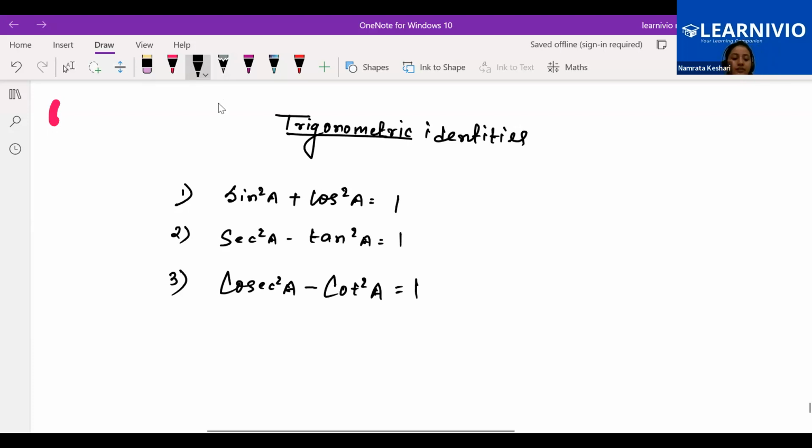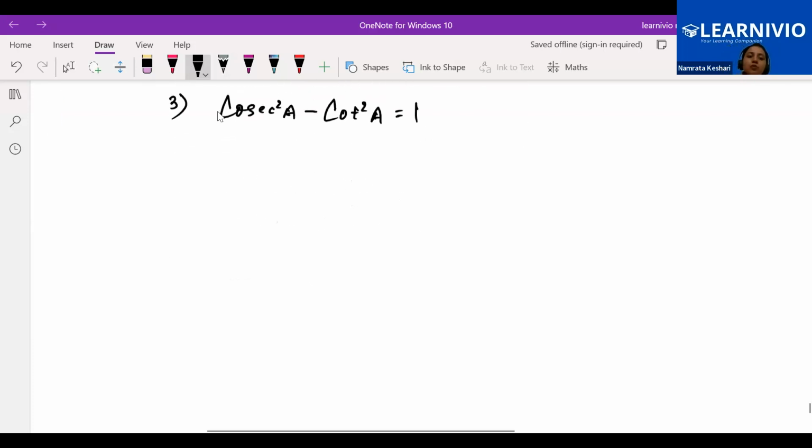Right? Now let's solve your questions. Suppose, if you have this type of question, 9 sec square A minus 9 tan square A, what will be the value of that? Quickly. 1? No, it will not be 1, Aisha.